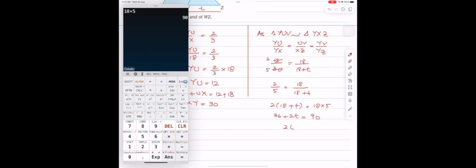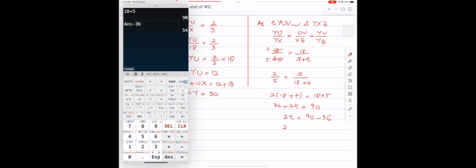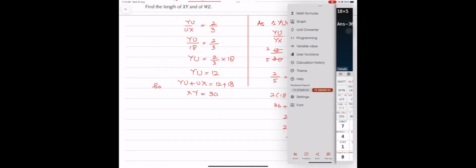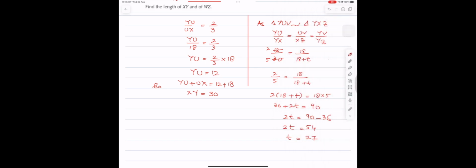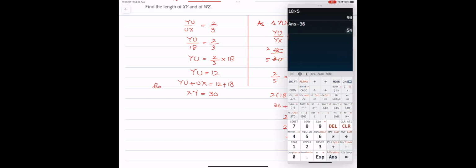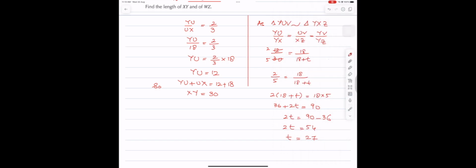If you subtract 36 from 90, you will get 54. Now you can divide 54 by 2, and that is 27. Now you also have the value of WZ, which is 27. Value of t is 27.